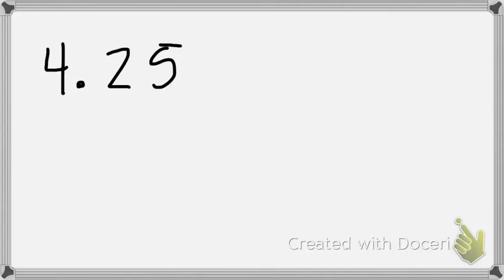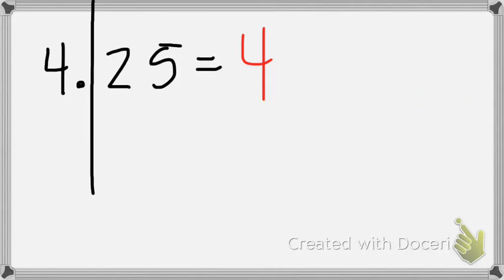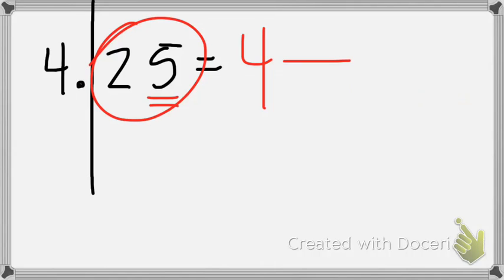But we're going to change this to a fraction. First of all, anything to the left of the decimal point is going to be the whole number in the fraction. Just 4. Your fraction is going to be the decimal. So this is 25 hundredths. So we're going to put 25 over 100.